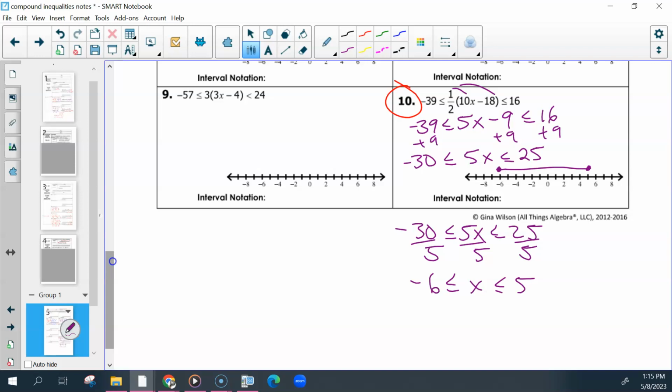So that interval notation would go to brackets starting at -6, ending at 5. What questions do we have on that one, or any other questions on that page?